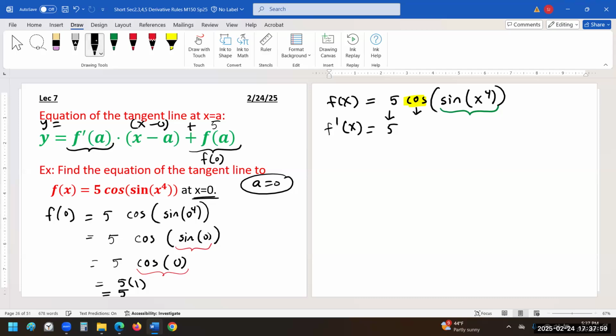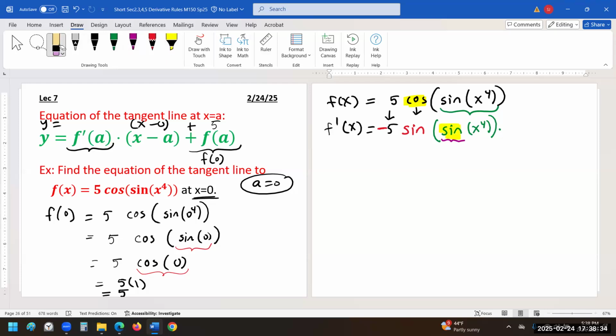And what's the derivative of cosine? Negative sine. So let me put the negative in the front and sine here. But we must keep the inside the same. And then we multiply. And then we change, this time, the second function. So the second function, let me change the color, is sine. So we're going to take the derivative of sine this time.